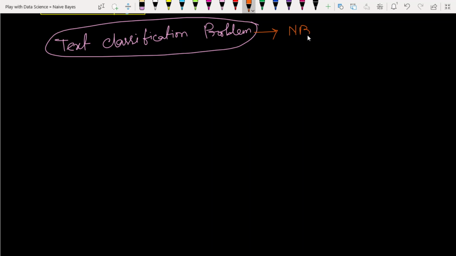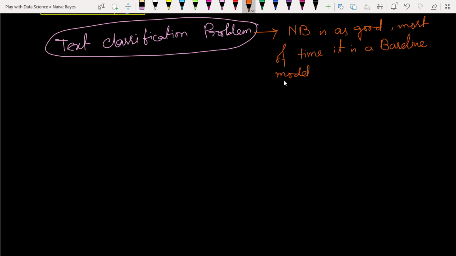Naive Bayes is typically a baseline model for text classification.